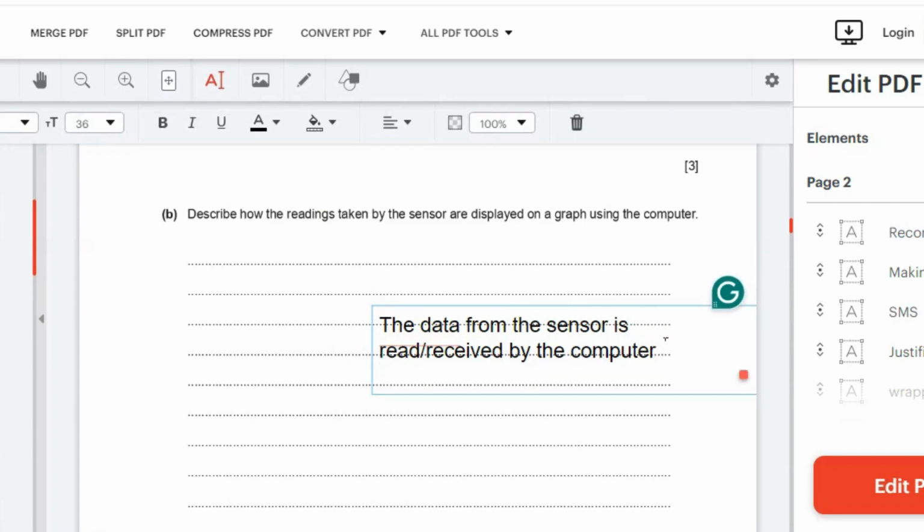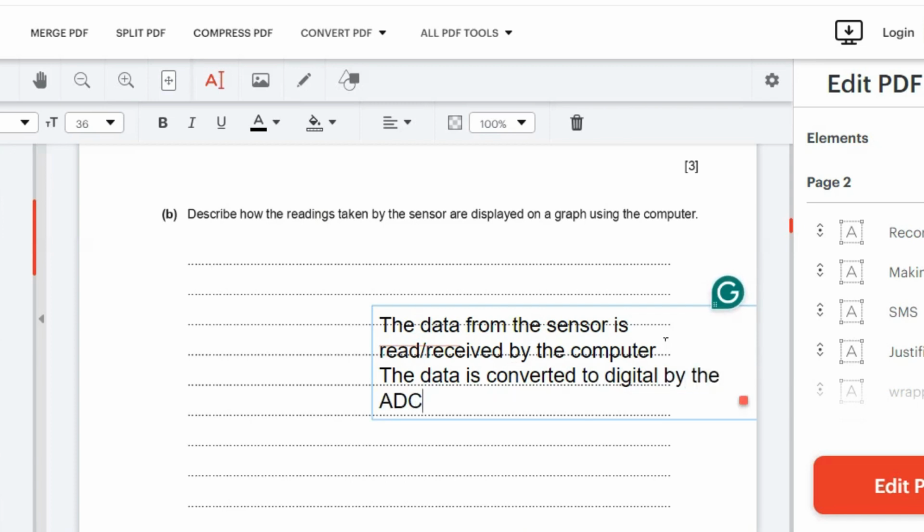The data is converted to digital by the ADC. The data is converted into what? To digital by the ADC. That's true. All right.